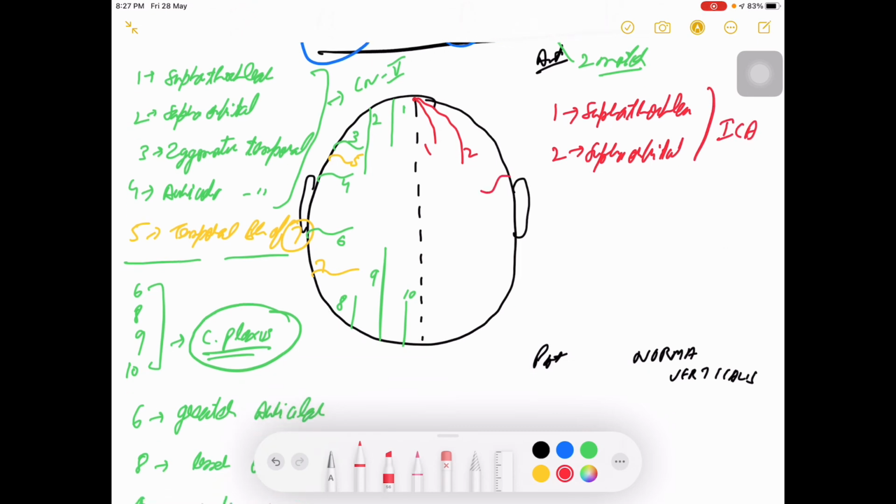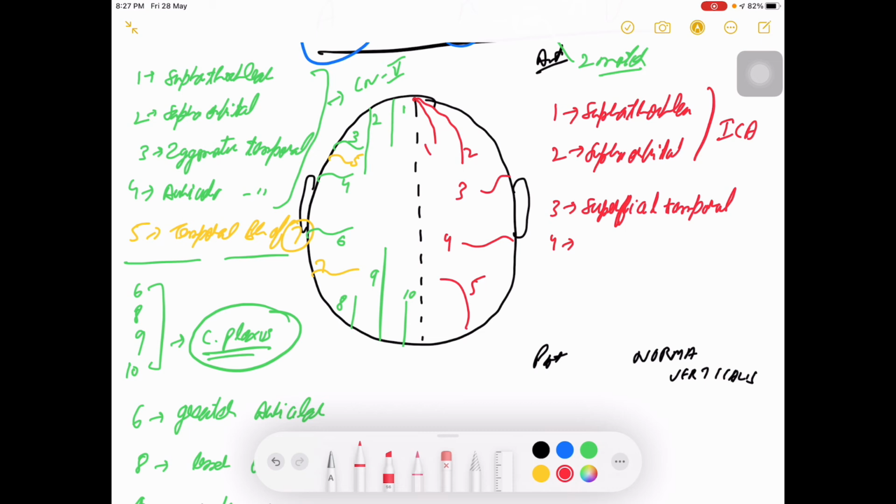Then comes your number 3, number 4 and number 5. Third one is your superficial temporal. Superficial temporal is the terminal branch of external carotid artery.